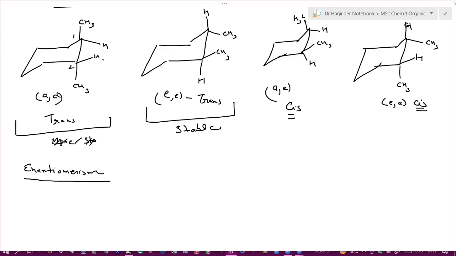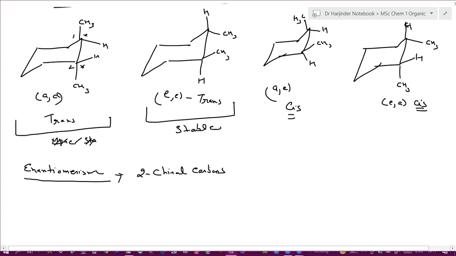Two. Not four, two. So these two are the chiral carbons. So there are two chiral carbons.